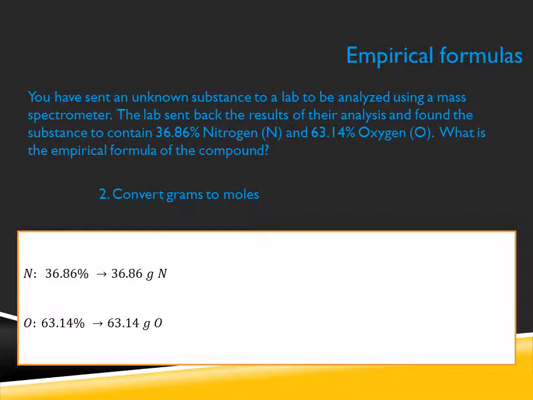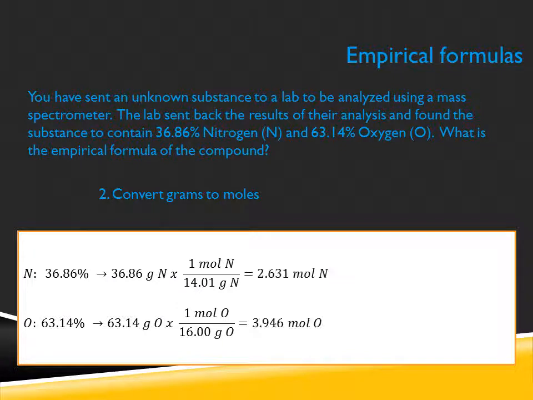Now that you've done the conversion of percent to gram, we're going to do grams to mole conversions like we did in the last example, where you use the periodic table to find the atomic mass. The atomic mass for nitrogen is 14.01, and the atomic mass for oxygen is 16.00. When we do the mole conversion, you have 2.631 moles of nitrogen and 3.946 moles of oxygen.